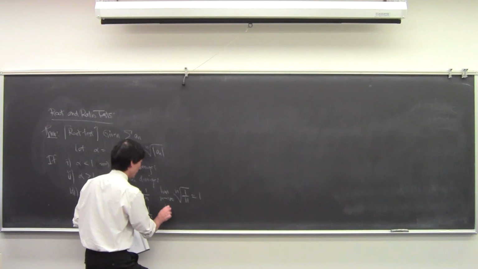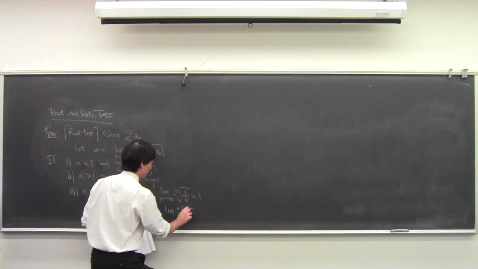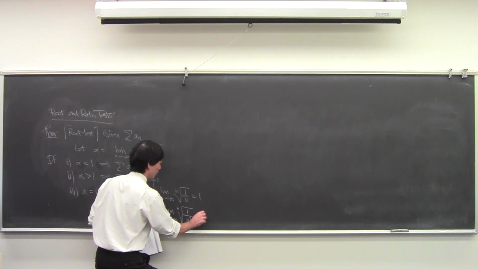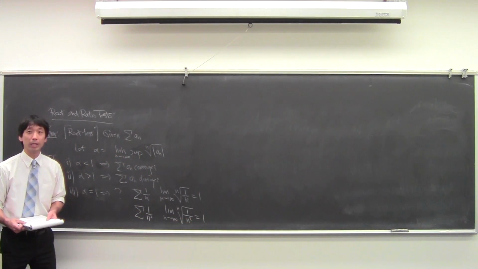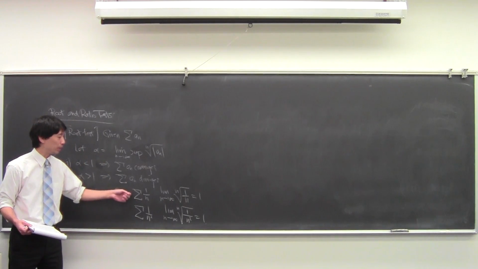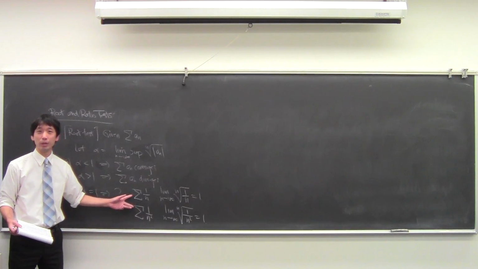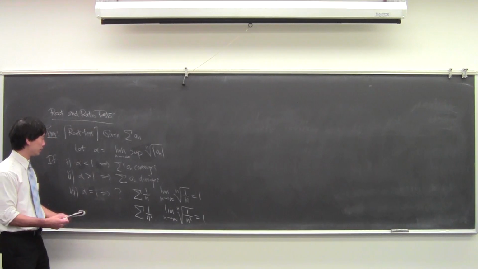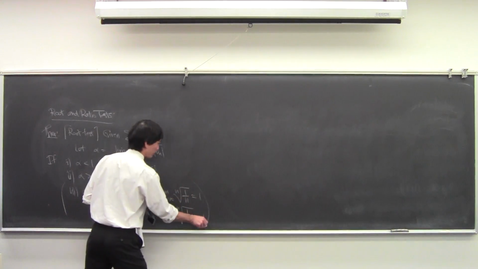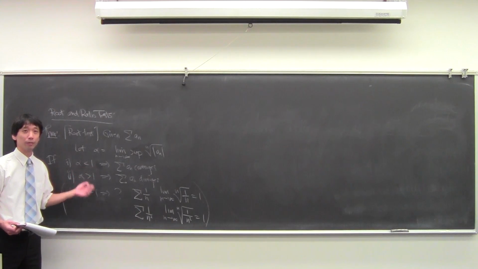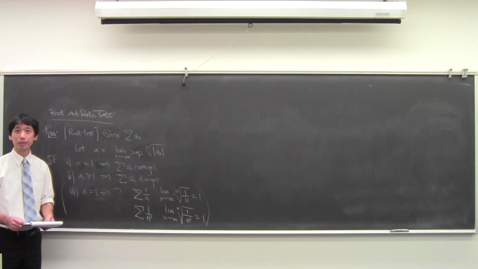And similarly here, this thing also is 1. But as we noted last time, this guy by the p series test diverges and this guy converges. So if it's 1, you don't know what's going to happen. It could converge, it could diverge. But if it's less than 1, then you have convergence, and if it's greater than 1, you have divergence.